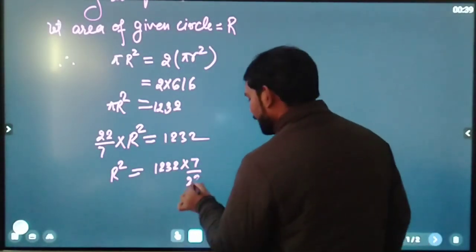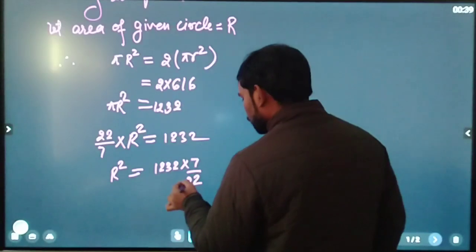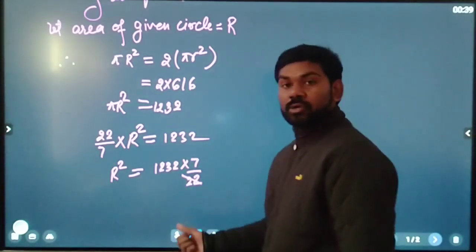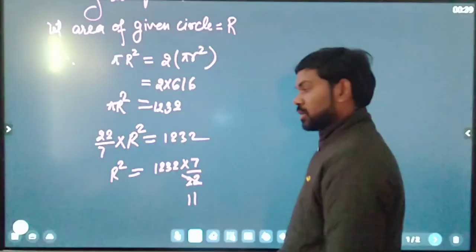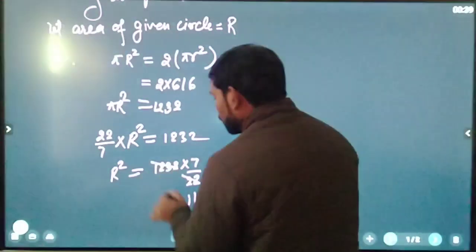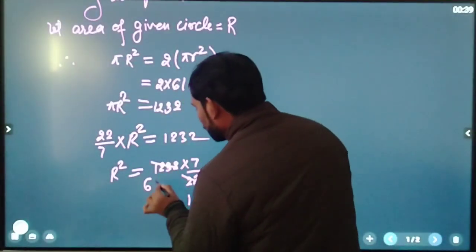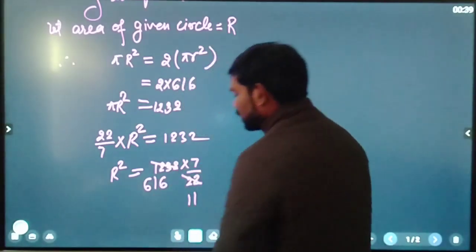Now divide this by 22. So divide 22 by 2: 11 2s are 22, and divide 1232 by 2 as well: 616.